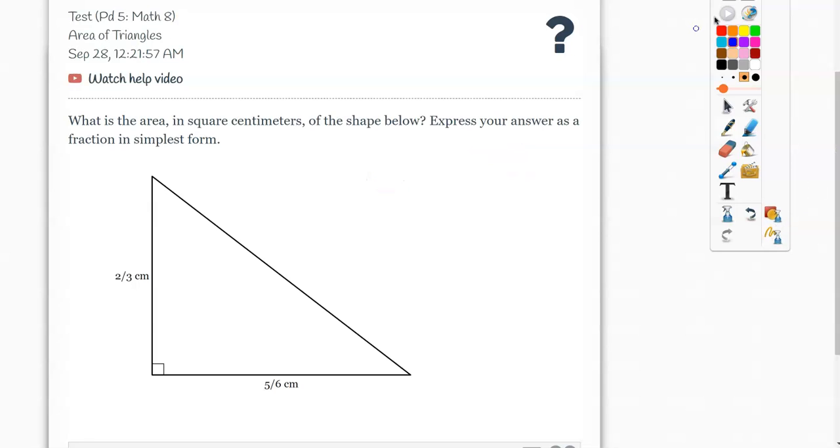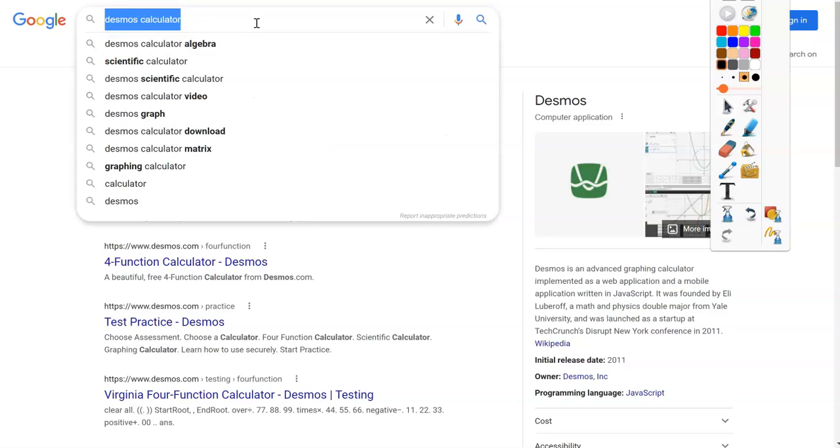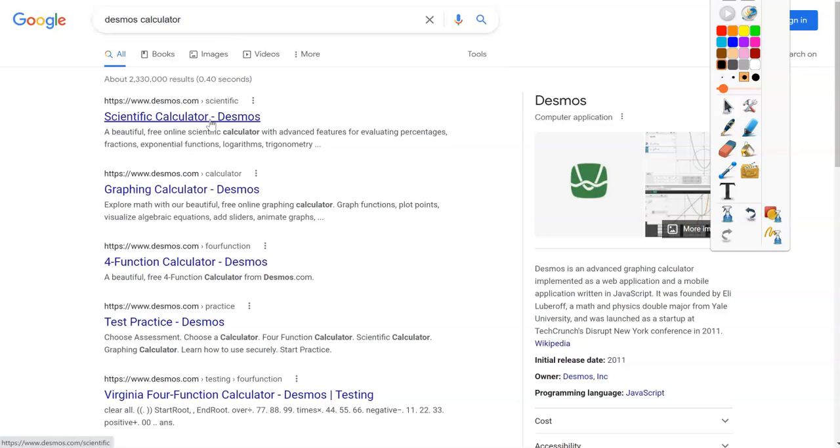Another thing you could do if you're using your computer is you can open in Google the Desmos calculator. You can type Desmos calculator, and you're looking for the scientific one here, not the graphing one.